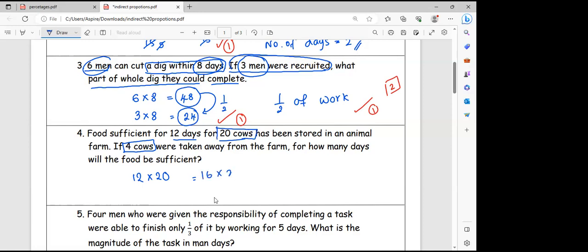Then I take x as the number of days. So now to find the x, you can divide both sides by 16. Therefore, 20 divided by 4, it's 5. 16 divided by 4, it is 4. 12 divided by 4, it's 3. 3 times 5, x equals to 15.